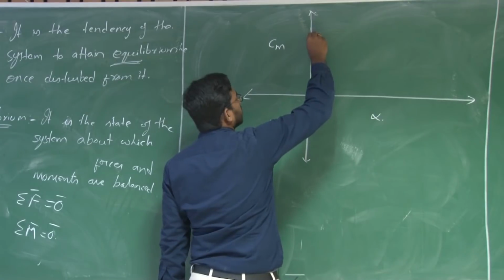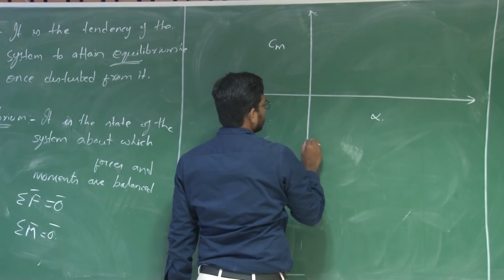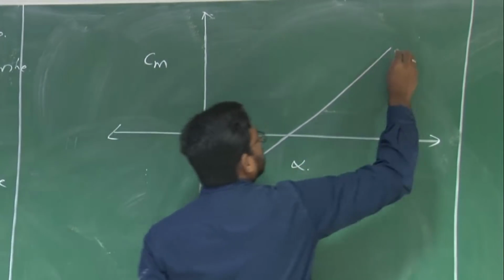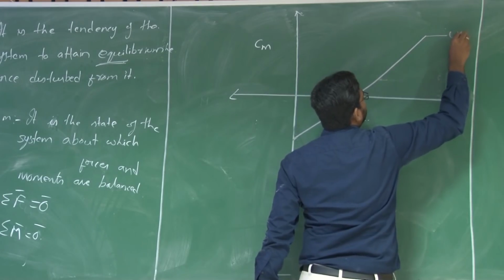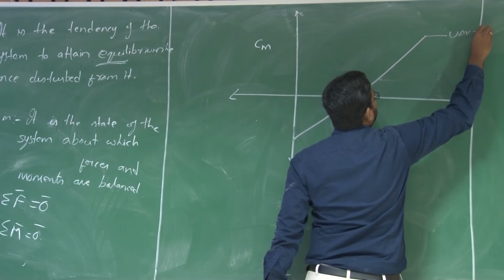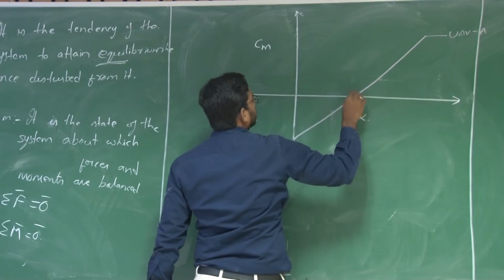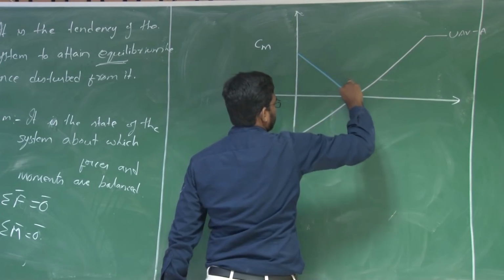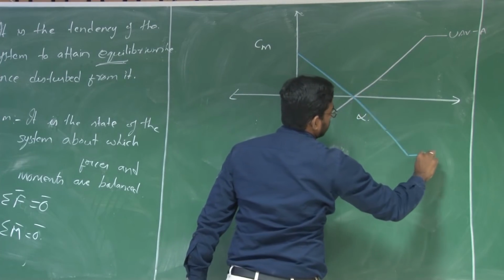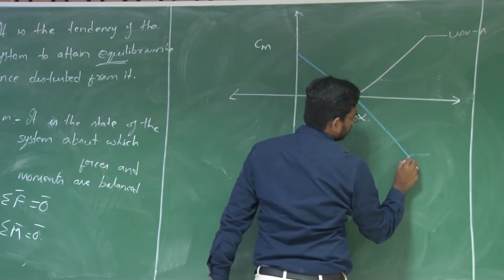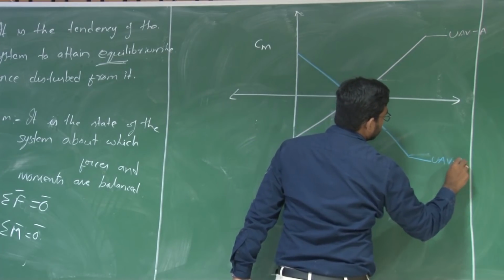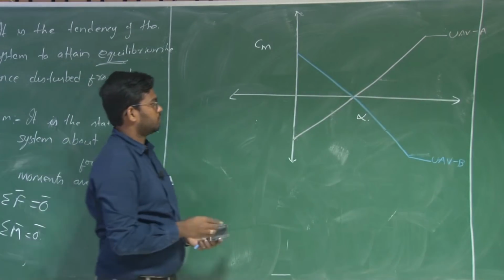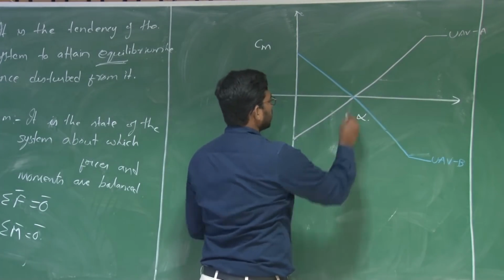So say in the first case you have a UAV, let us say this is your UAV A. And this is your UAV B. So what is this particular point?